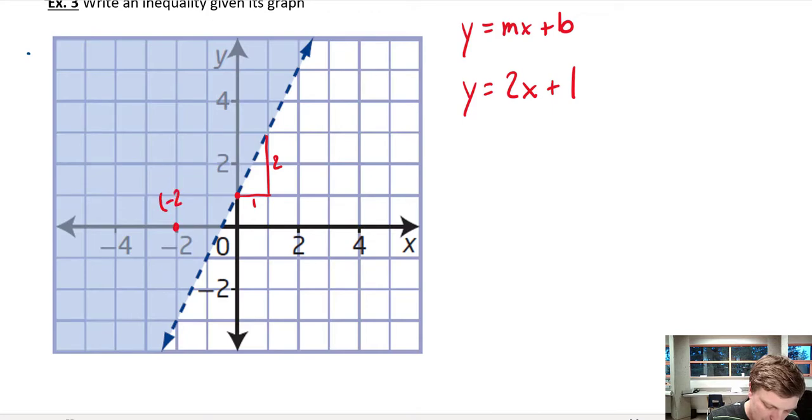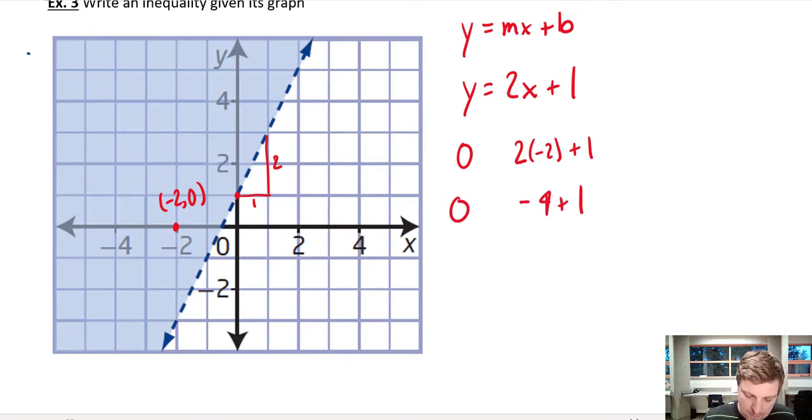So I'll choose the point -2, 0, because that is part of the solution set. And I'm going to substitute those numbers in there. So I would get 0, and I'm just going to leave this blank for a second, and then 2 times -2 plus 1. So I've got 0 and then negative 4 plus 1. So that's 0 and then negative 3.